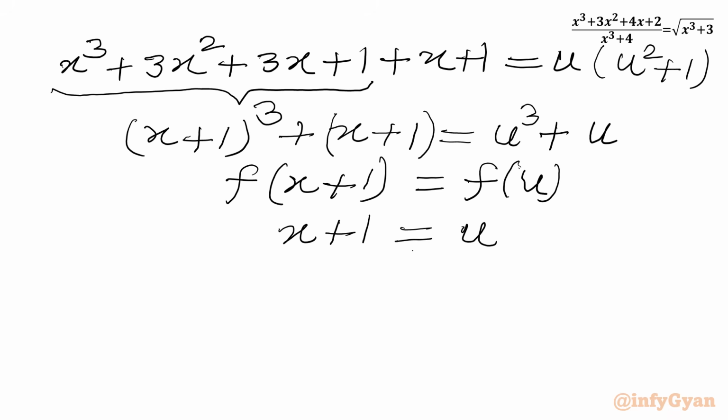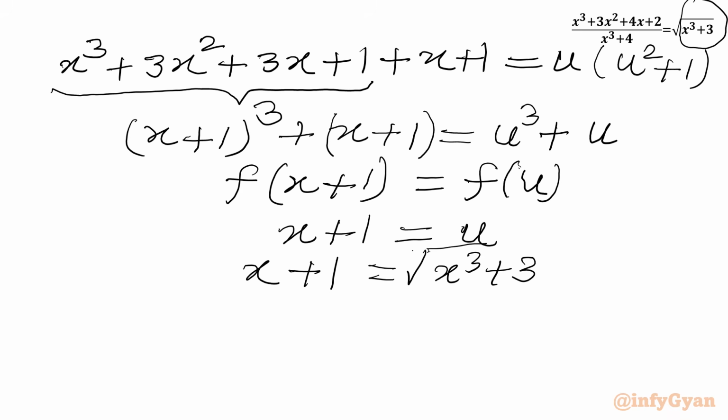Now u was our substitution, square root x cube plus 3. So I will write x plus 1 equal to square root of x cube plus 3. Now we have one square root in right hand side. We will square both sides to remove the square root from RHS. Now we have to use a plus b whole square identity in left hand side.